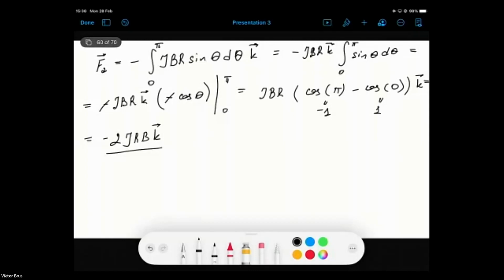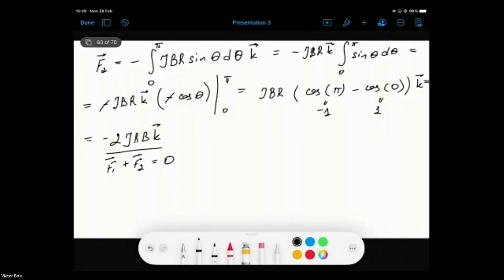So what is important to highlight from this example is that the force acting on the current conductor is equal to the force acting on the straight conductor between the same two points. And if we add these two vectors, f1 plus f2, that will be equal to 0.